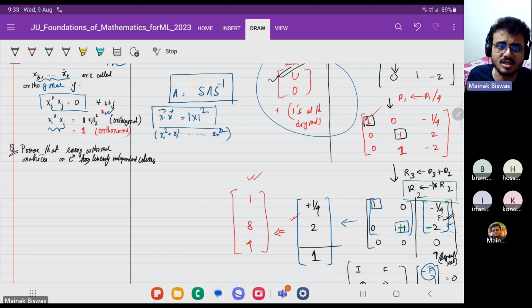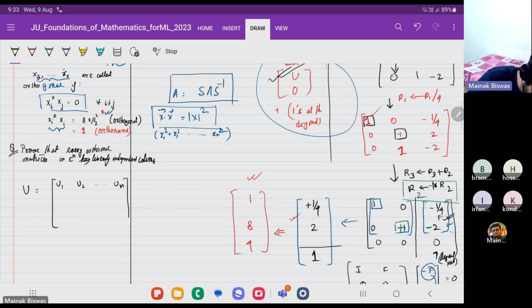So what would be my first step? What would be my first observation? So your orthonormal matrix will have u1, u2, dot dot dot, un. What is the dimension of all of these vectors? N. So the ui are n-dimensional.